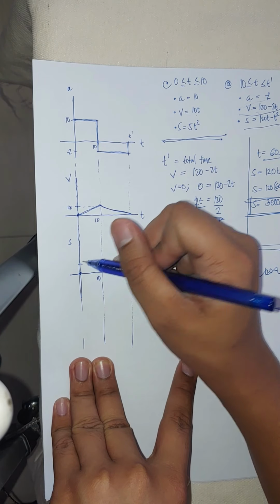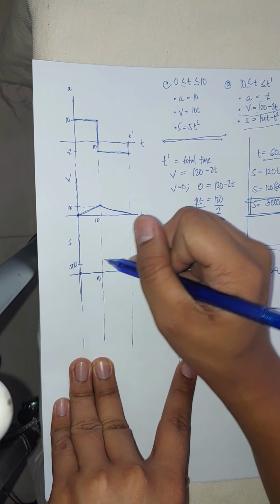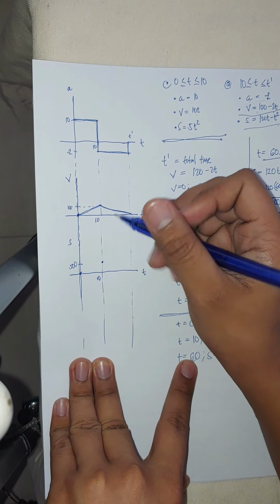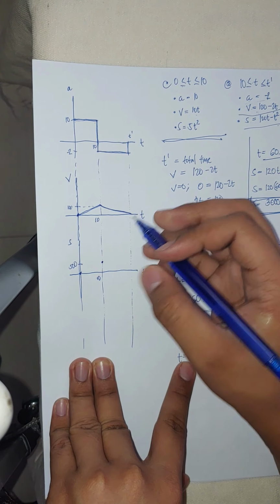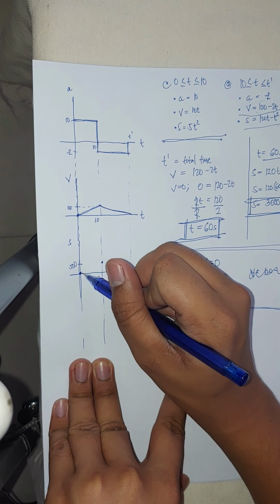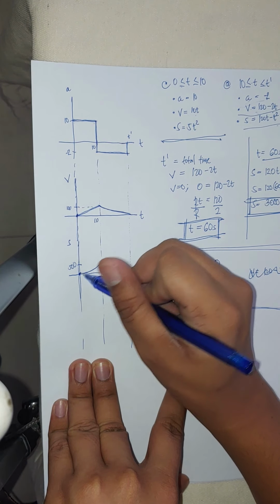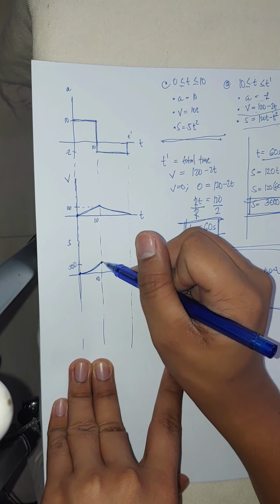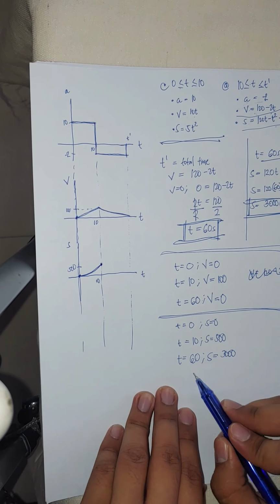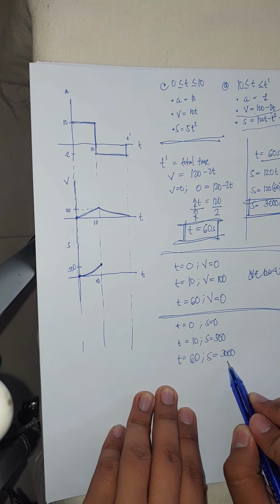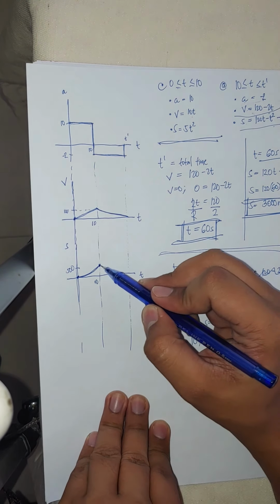So, let's say this is 500. And then, at 60 seconds is 3,000. So, unsa man atong curve ani?